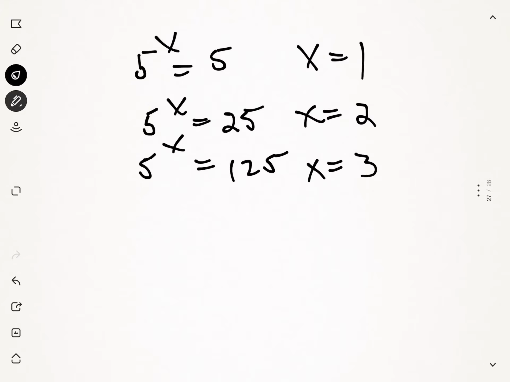All right, so let's go over a definition.